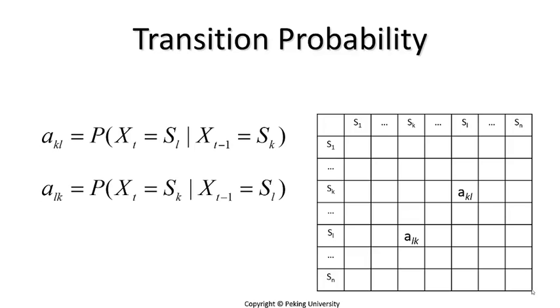Thus, the matrix is not symmetric with respect to the main diagonal. We often assume that the transition probability is independent of t. In this case, the Markov chain will become the stationary Markov chain, which is just the model used in sequence alignment with affine gap penalty mentioned earlier.